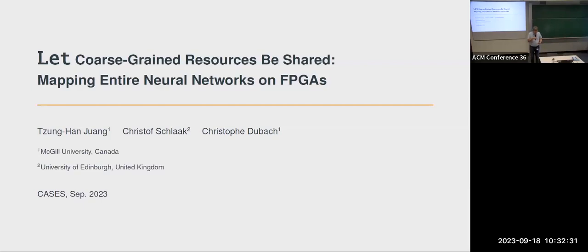And it's my pleasure to announce the first presentation, because the first presentation is actually a best paper candidate. It is about Let Coarse-Grained Resources Be Shared: Mapping Entire Neural Networks on FPGAs. The presenter is Zhuanghan Wang, a third-year PhD student from McGill University under the supervision of Professor Christophe Dupas.